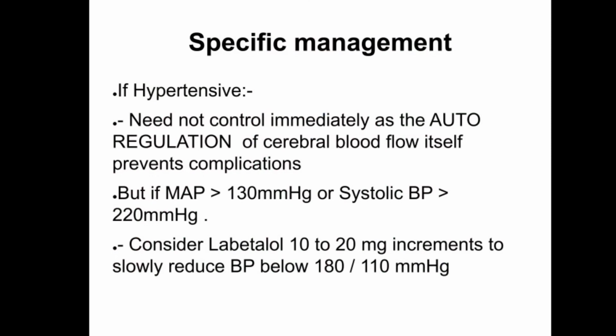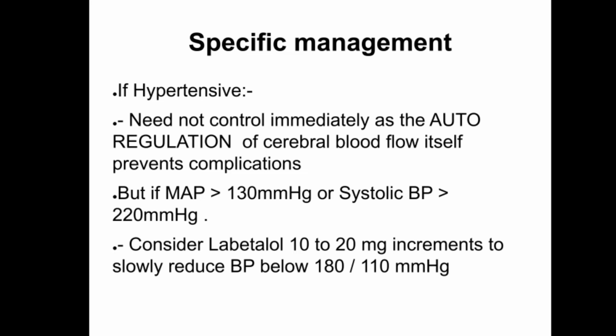Then DVT prevention. The specific management is, one, if there is hypertension, manage it, but in ischemic stroke, very slowly only should you bring down the blood pressure. But if it crosses more than 220 over 120 or 110, you can consider starting an antihypertensive after a period, because within that period autoregulation may control the blood pressure.